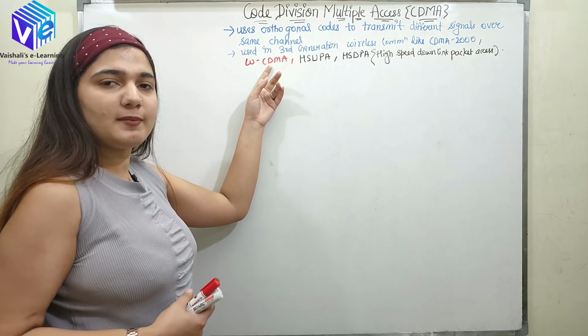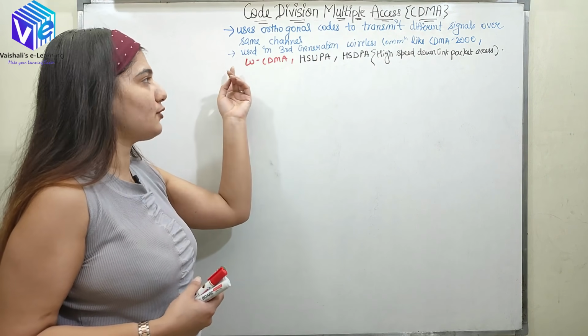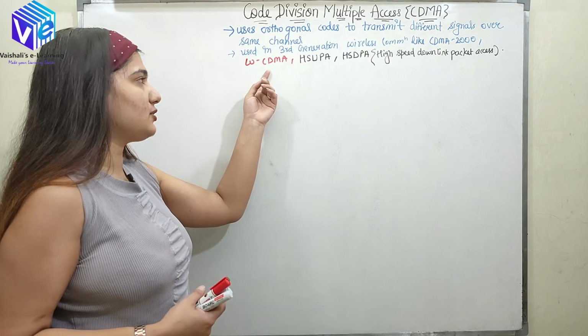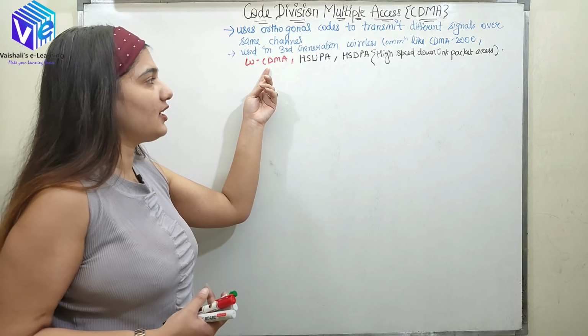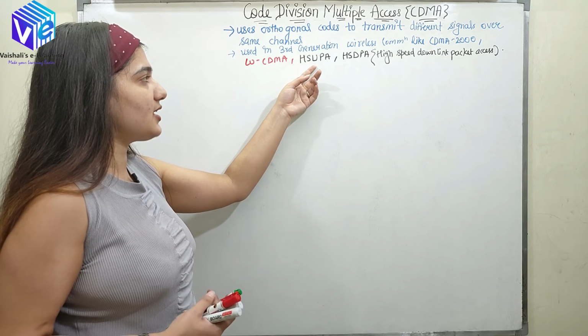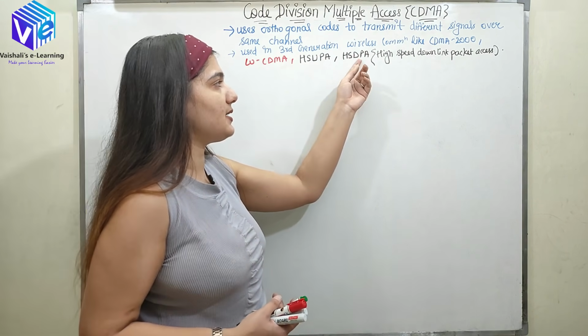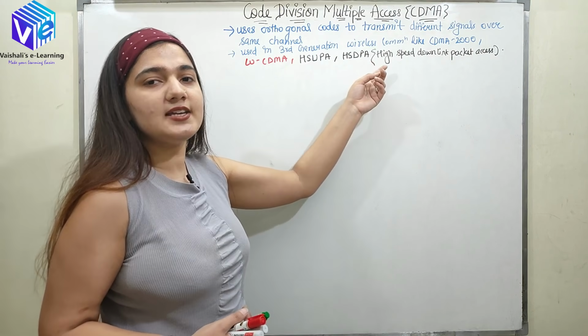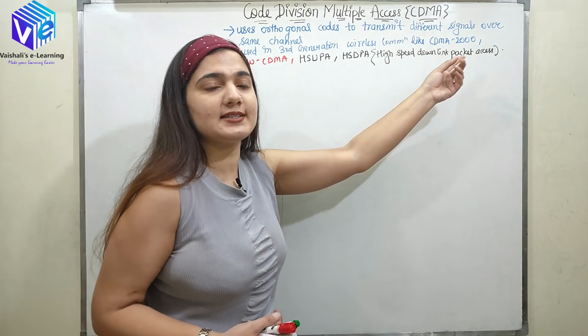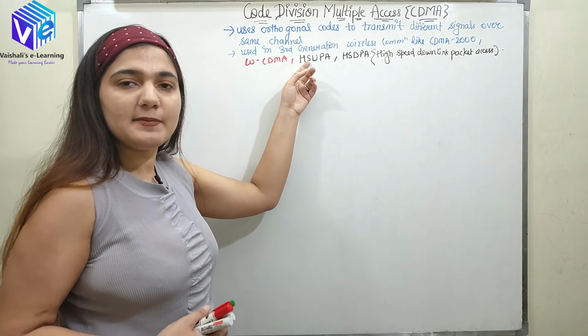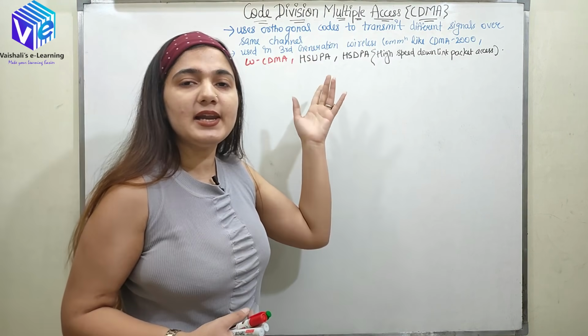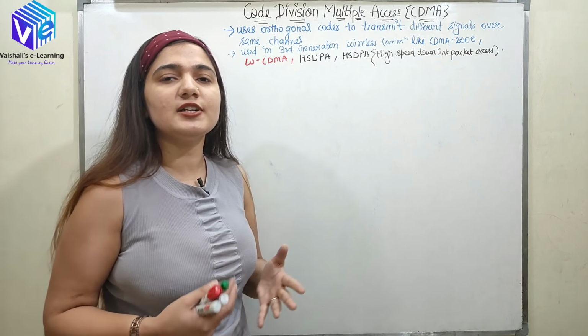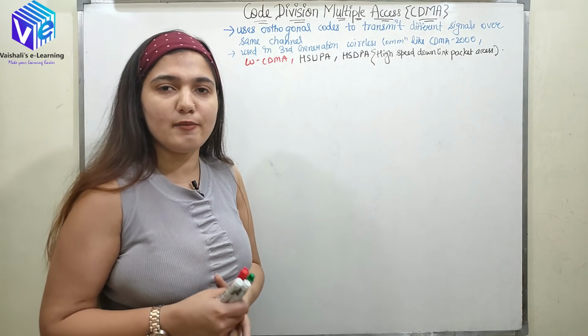I already talked about the difference between CDMA 2000 and WCDMA. WCDMA has higher bandwidth. After that it is used in HSUPA and HSDPA. HSDPA means high speed downlink packet access. Similarly HSUPA means high speed uplink packet access. So in short it is used in 3G wireless communication.